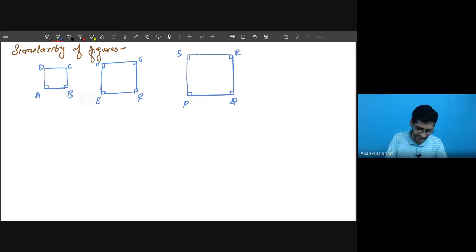So the angle relation is the very basic relation that is followed for similarity.